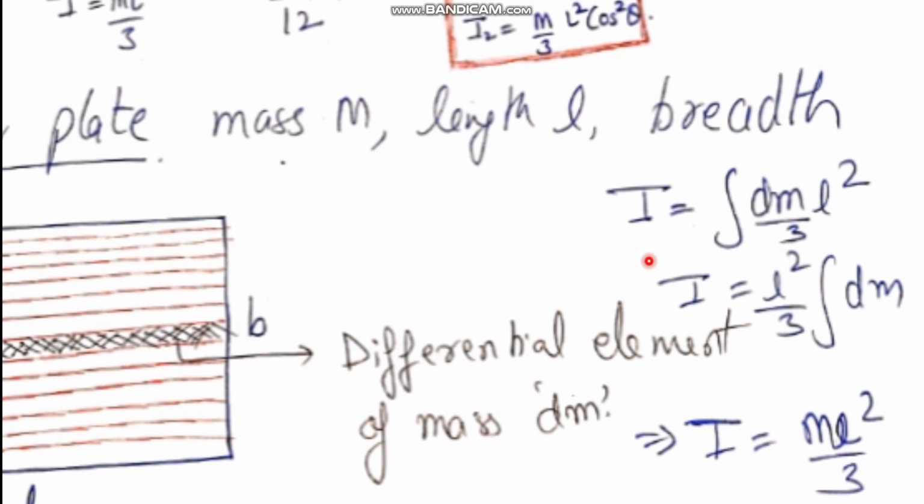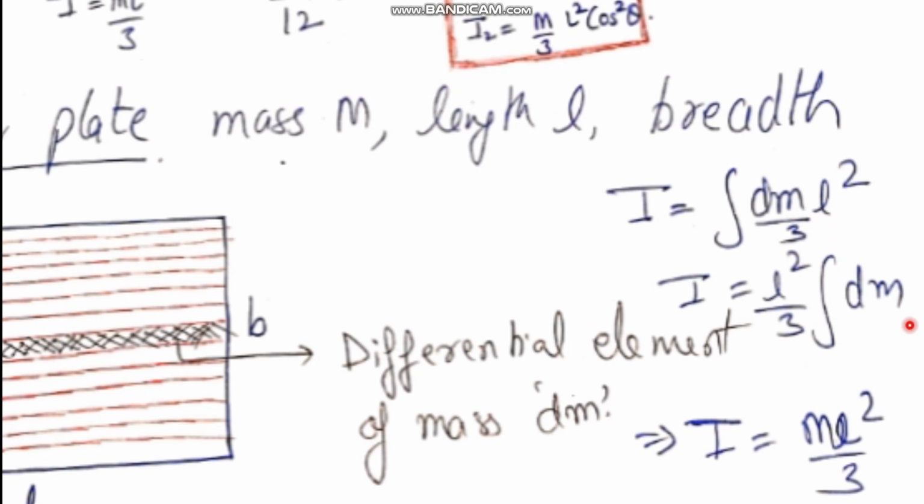So the moment of inertia of the entire plate will be equal to the sum of moment of inertia of all these bars. Therefore it is summation or integration of individual moment of inertia, which is dm L square by 3. Now for all these bars the length is the same, so L square by 3 can be taken common out of the summation, and I will be left with summation of dm, which is obviously the total mass.